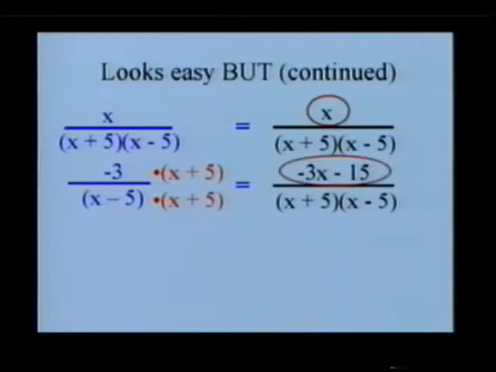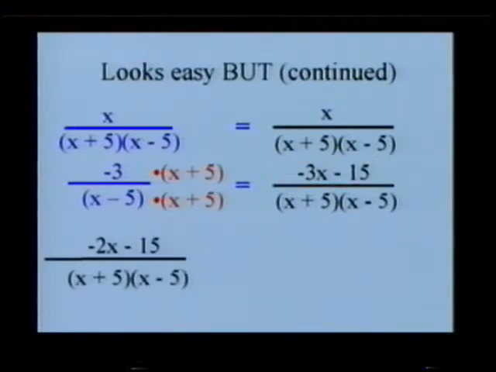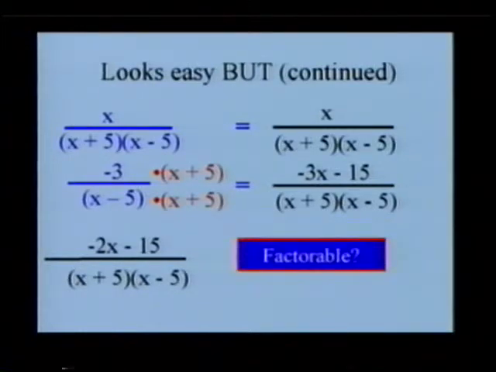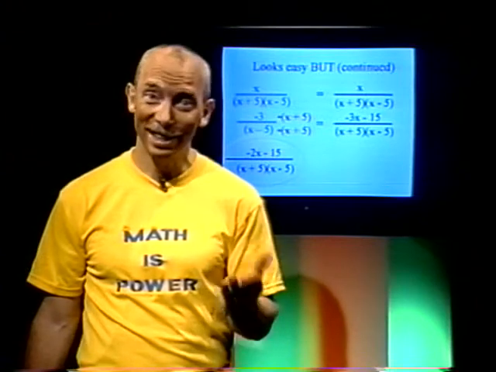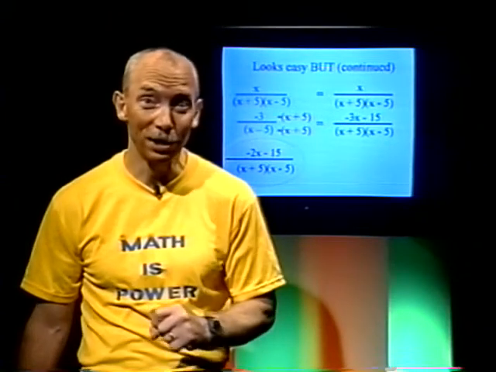Let's add like terms, and we got ourselves an answer. Is it factorable? You got to look. It isn't in this case, but you always got to look. So that's your answer. Now that's the hardest one you'll get, so don't let that scare you.